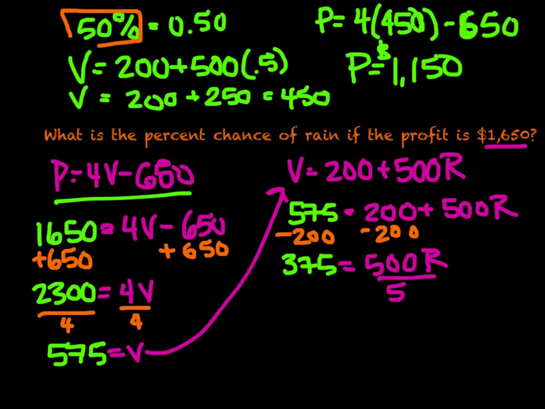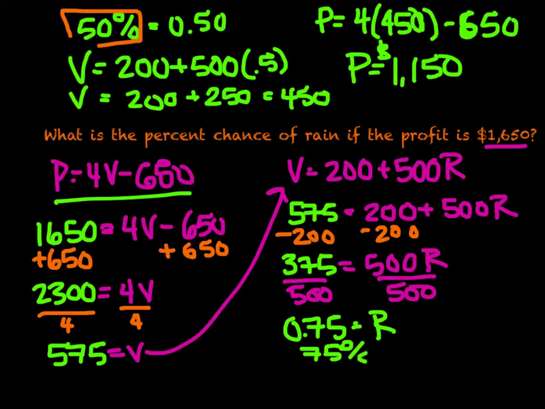And now we're going to divide by 500 on both sides. So 375 divided by 500 gets us 0.75 for R, or 75%. So a 75% chance of rain gets them a nice hefty profit of $1,650.